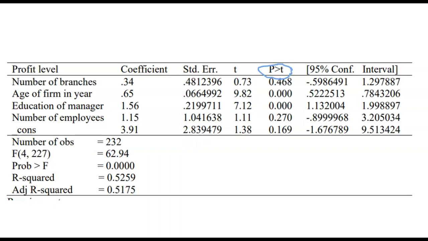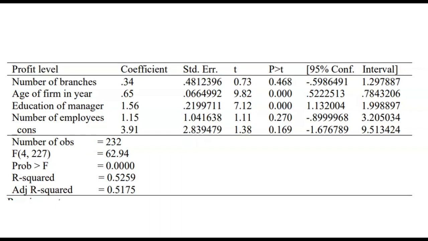When you are finding which variables are significant and which ones are insignificant, come straight to the p-value and use that as your guide for the variables that are significant.